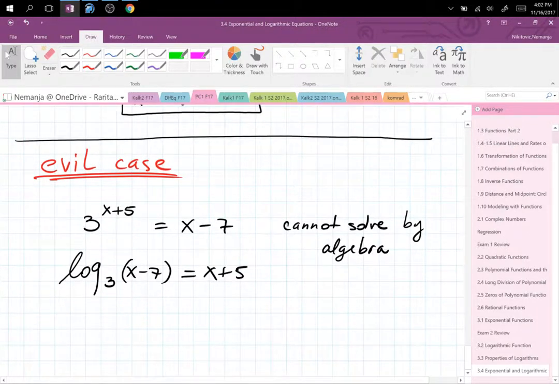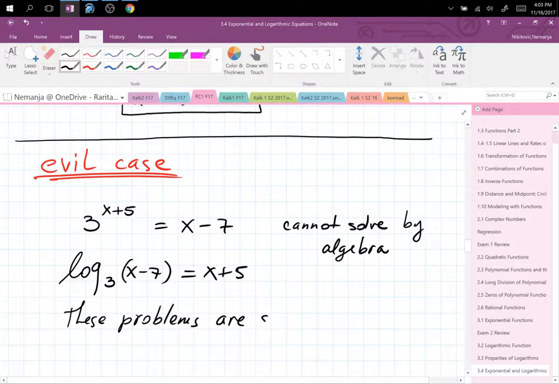So all of the techniques and methods that we did up to now are completely useless. The only way that you can use now to solve this is to graph and look for the intersection point. So these problems are solved by graphing.